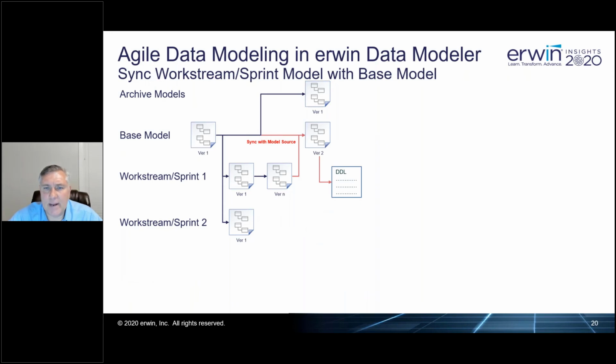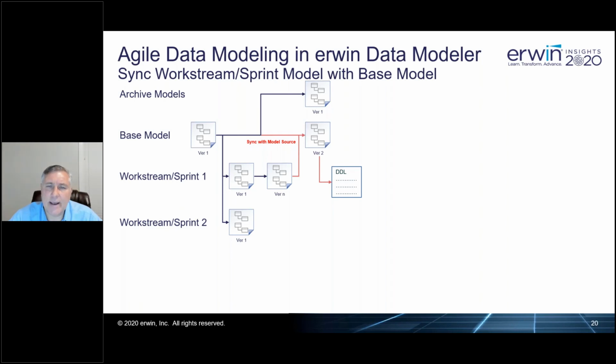One of the other important aspects is we will use our baseline model to deploy the DDL for our environments where we go to testing and production. So our base model is a reflection of what we're actually putting into our test environment and then reflective of what we put into production.